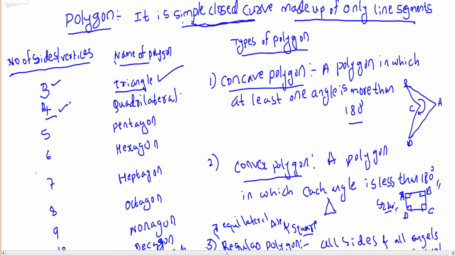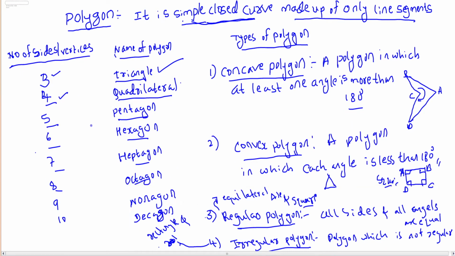Four sides, four vertices, quadrilateral. Five, pentagon. Six, hexagon. Seven, heptagon. Eight, octagon. Nine, nonagon. Ten sides, decagon. Based on the sides we name the polygon.